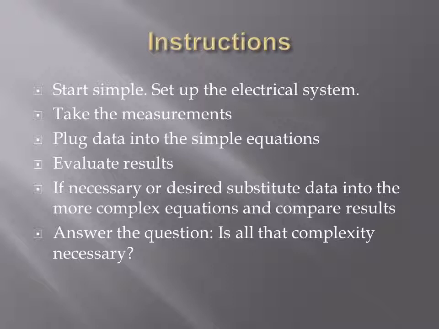If we model an accurate analog to the mechanical system, the numbers that we get will be the right numbers. So the numbers from the experiment will guide us. We will plug this data first into the simple equations, the ones that I gave you in the diagram that left out terms, and evaluate the results.